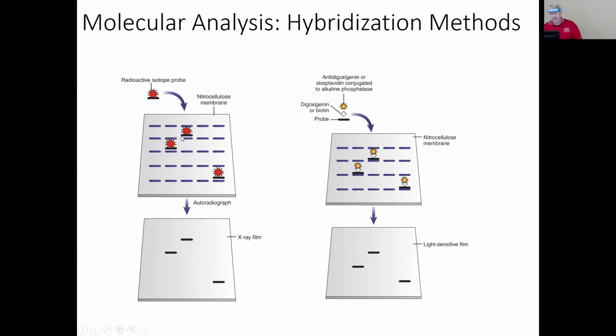If the probe matches and stays on there, binding to the complementary strand, then we see it on an x-ray and we detect it. We say, okay, we found your DNA at the crime scene, or we found Staph aureus here. Okay, so this is the hybridization method.